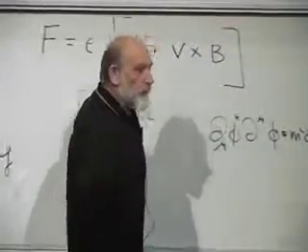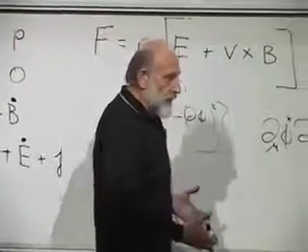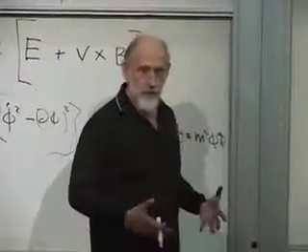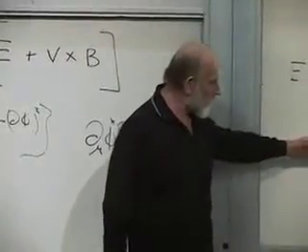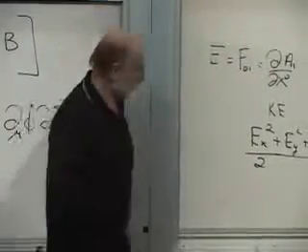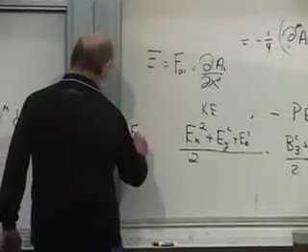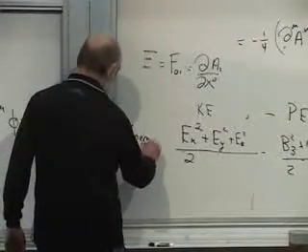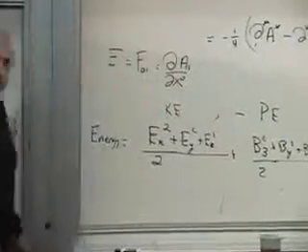What would you guess if you go through the procedures of constructing the Hamiltonian and then the energy? What would you expect the energy or the Hamiltonian of the electromagnetic field to be? Plus. So the energy in the electromagnetic field is just E squared plus B squared.